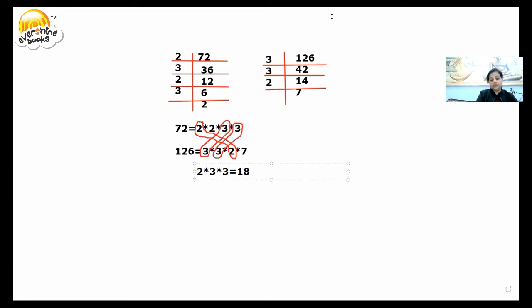So when we do that, we will match how they are the same. 2 is the same, 3 is the same, and again 3 is the same. So it means 18 is the HCF, highest common factor. Is it clear to all of you? Yes, H is capital, C is capital, HCF, like this. So 18 can divide both 72 and 126.